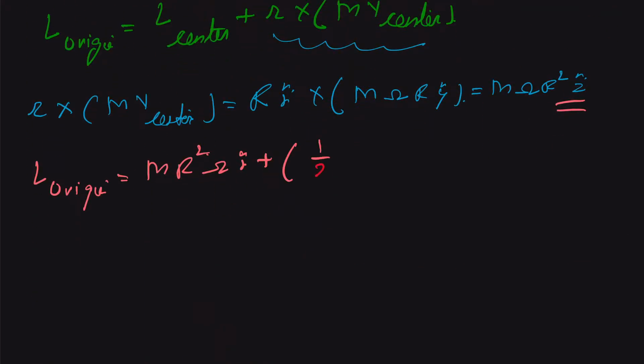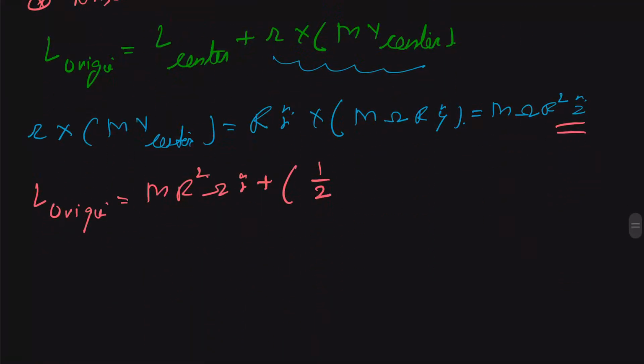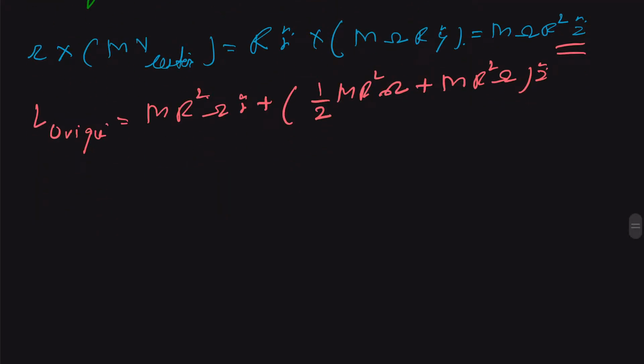This comes as half m r square omega plus m r square omega, times the z unit vector, and we can add these two terms.